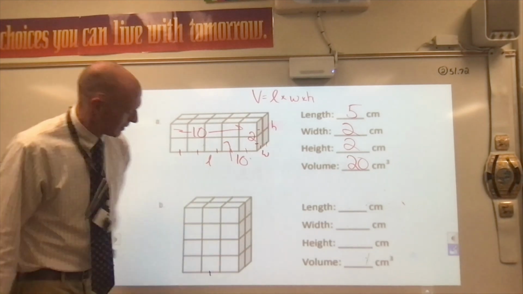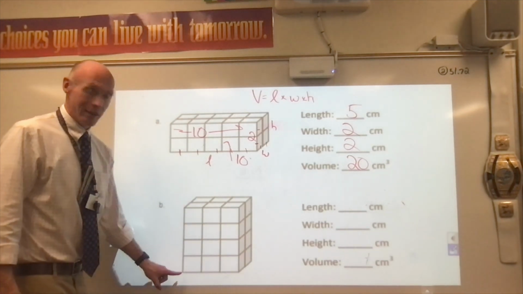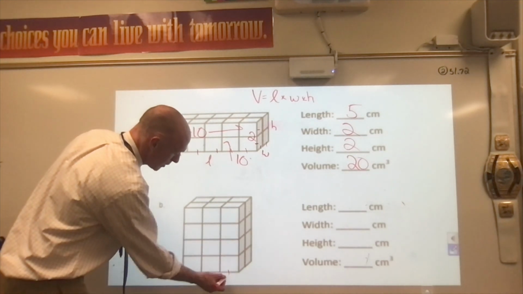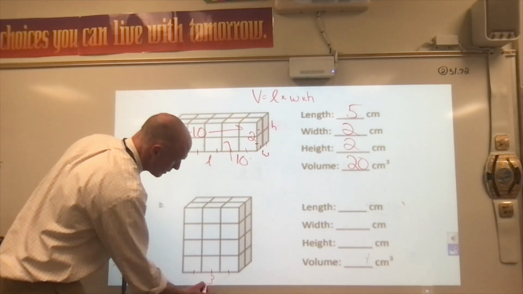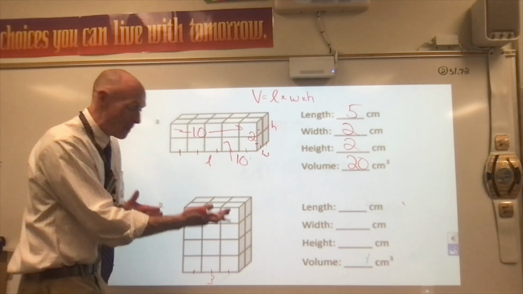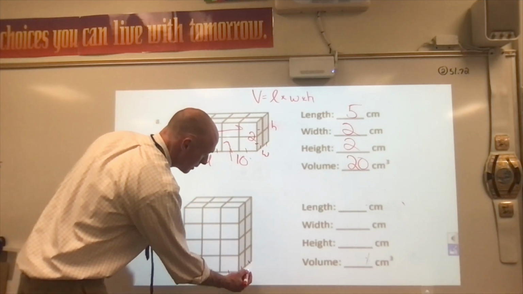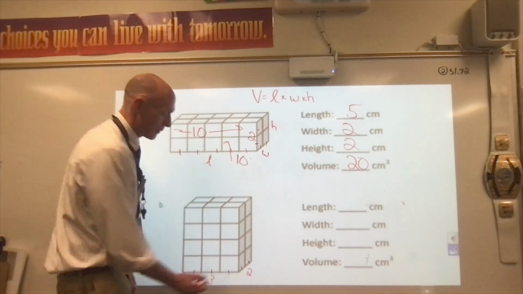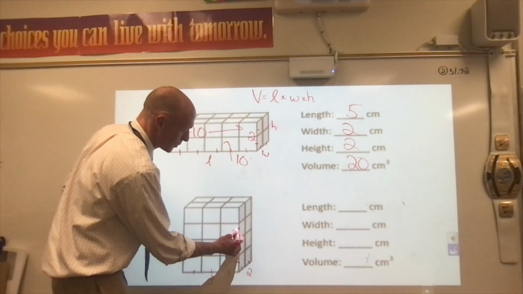Let's look at this bottom layer down here. Let's count our length. 1, 2, 3. Width, how many we have going back? 1, 2. Finally, height, how many do we have going up and down? We have 1, 2, 3, 4.